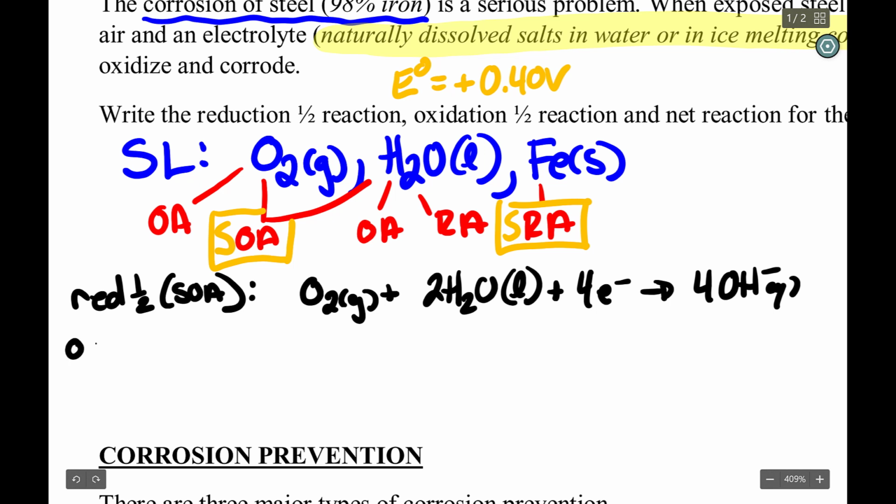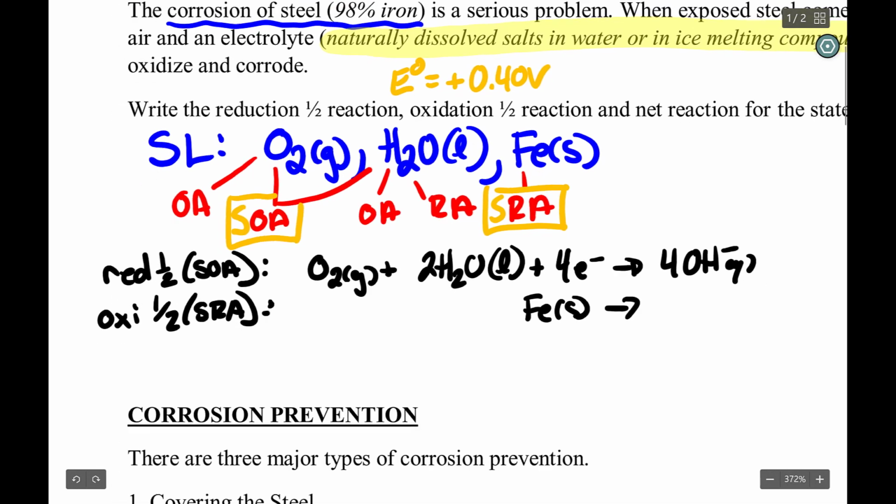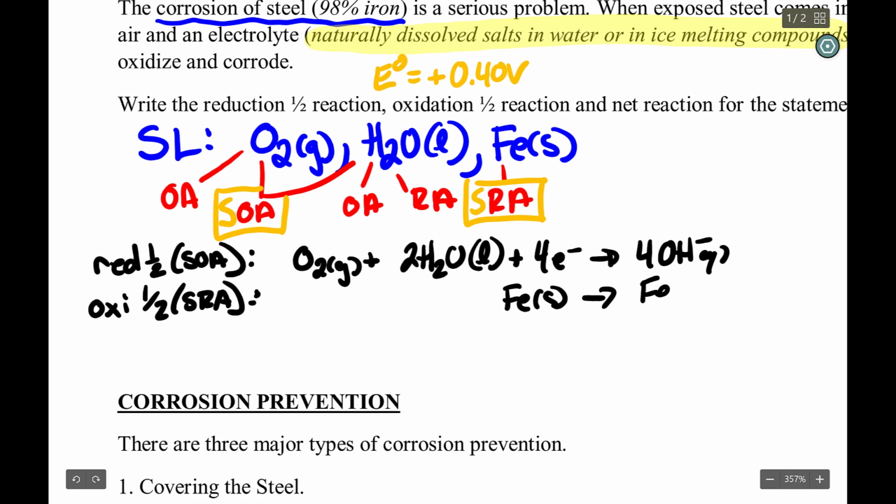Now the oxidation half, of course, we have to flip. This comes from the strongest reducing agent. And so it would be Fe solid becoming Fe2+ aqueous plus 2 electrons.